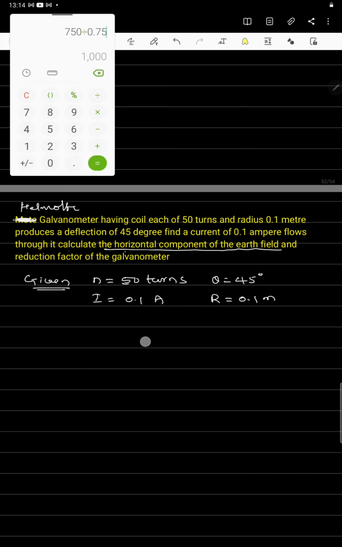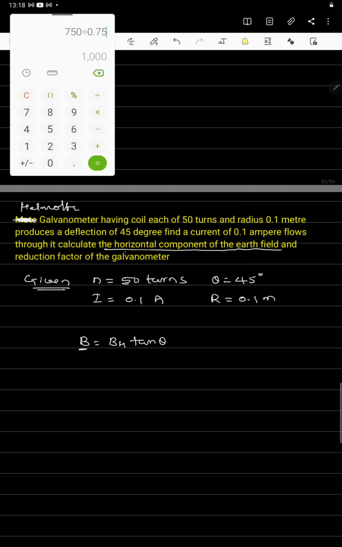So what is the expression actually? The expression is B equals BH tan theta. This BH we have to find now.